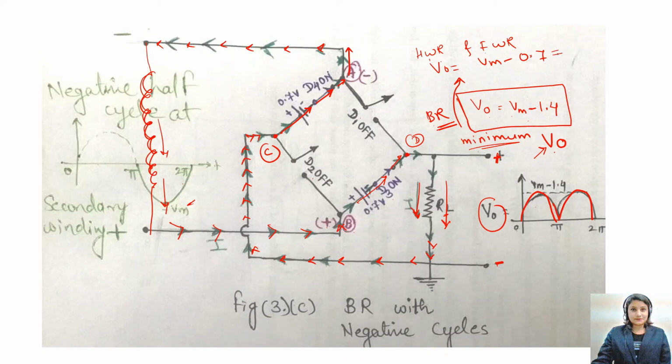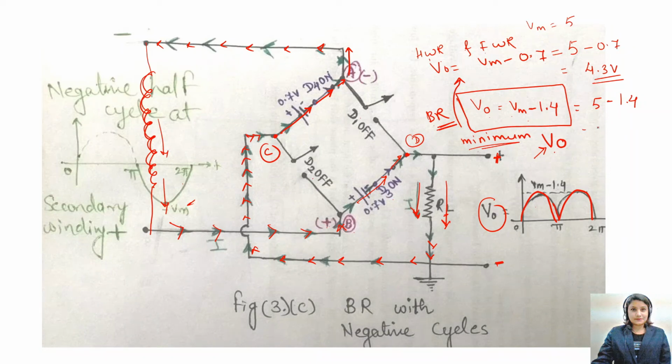If I take an example, if I consider Vm is equal to 5, how much output will the half wave and full wave rectifier give you? 5 minus 0.7, which is equal to 4.3 volts, right? But if I calculate for the bridge rectifier, it will give you 5 minus 1.4.